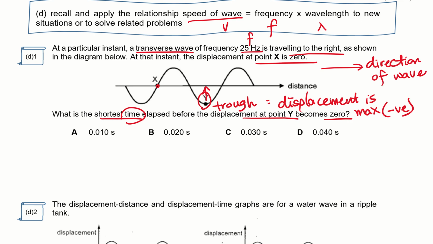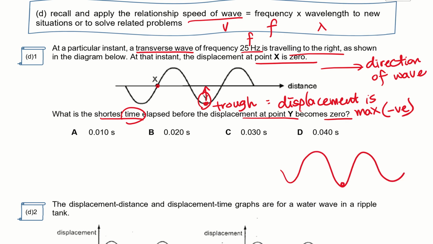Okay, and I also covered that in order to complete a complete wave, the particle actually has to go through 4 steps. So before I solve the problem, maybe we go through what are the 4 steps. So if we look at Y, we started off at the trough. Okay, so maybe I just redraw here.